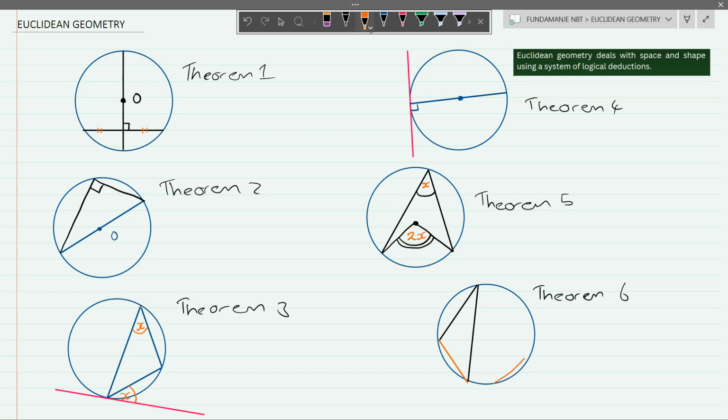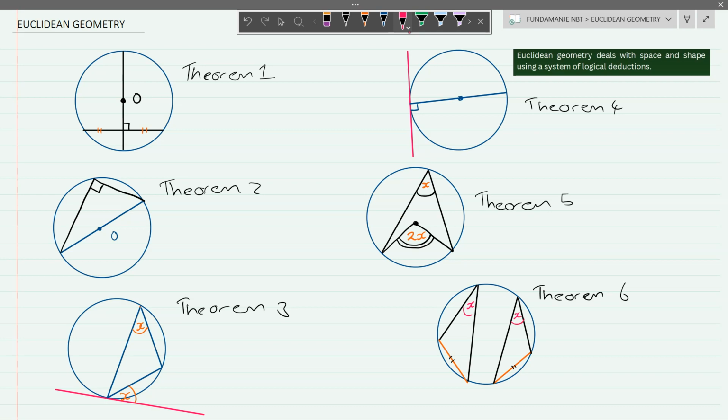So an equal chord like that. Equal chords subtend equal angles at the circumference. That is the last law. Therefore, if this is equal to that, that means the angles that they form, being x and x, will also be equal to each other.